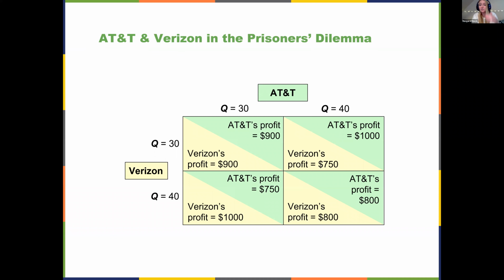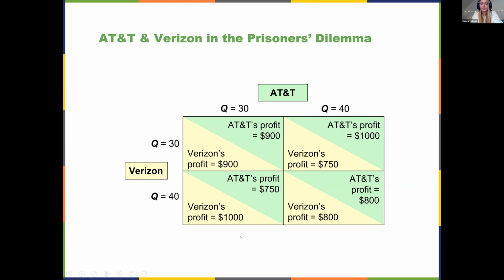So we can summarize the different outcomes in this case. For Bonnie and Clyde, it was years in prison that were the different outcomes they could get. For AT&T and Verizon, it is the different profits that they can make by producing different quantities.